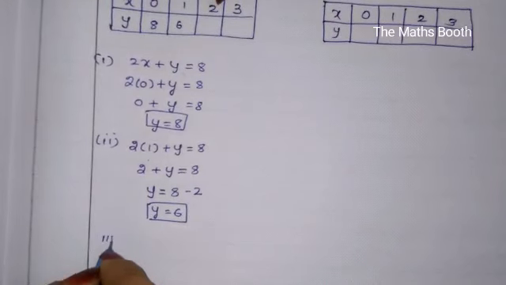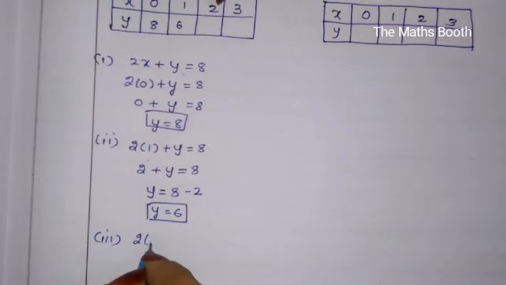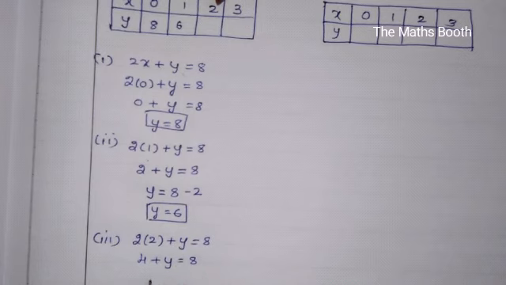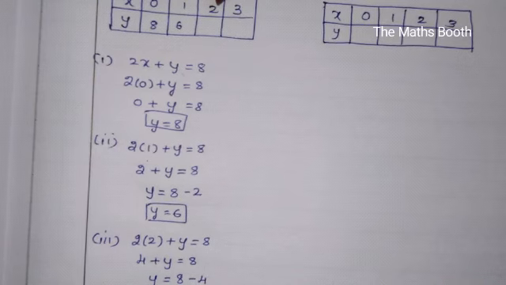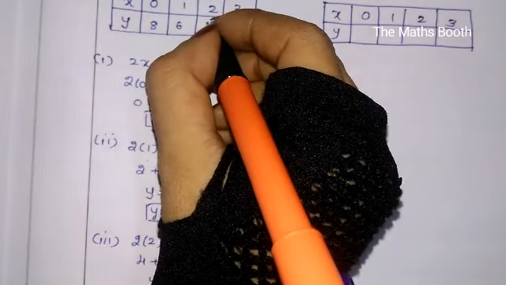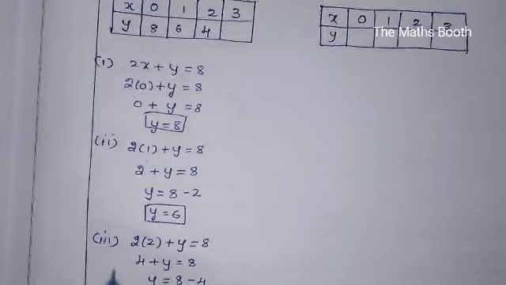Next, third one, 2 into 2 plus y equals 8. In place of x we have taken 2. 4 plus y equals 8, y = 8 minus 4, which is 4. So if x = 2, y = 4.